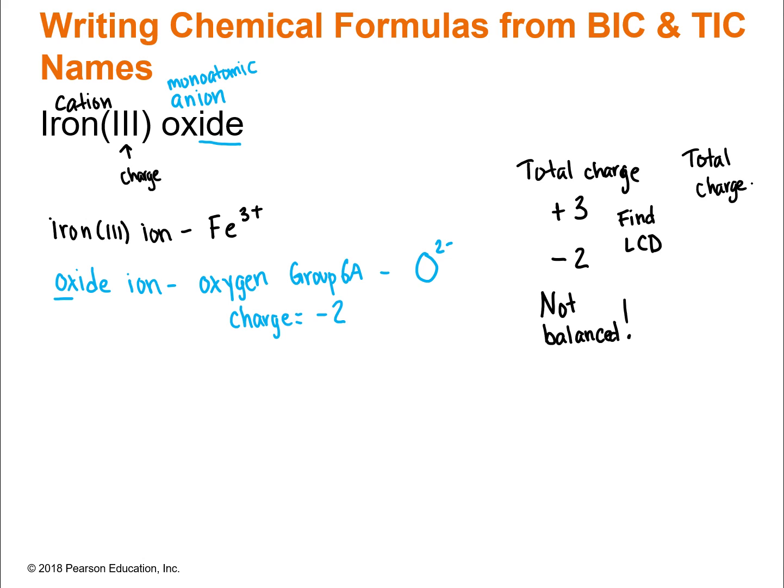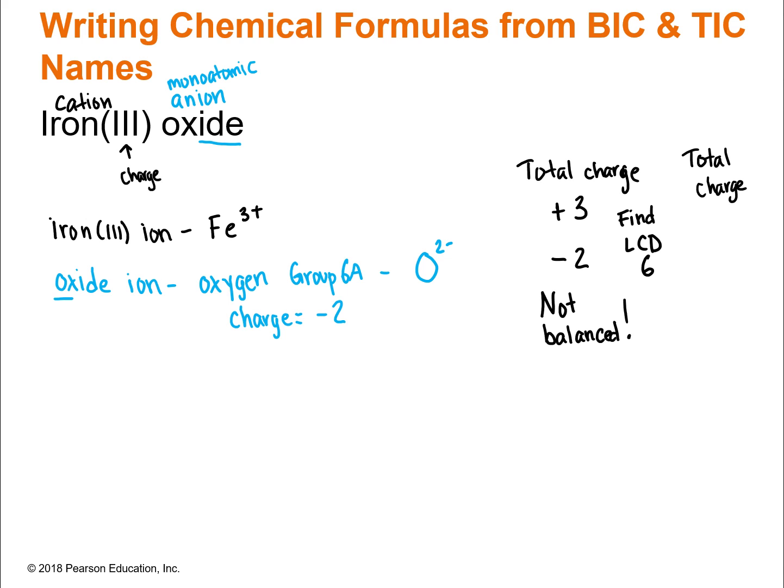What's the lowest common denominator for 3 and 2? And if you don't remember what that is, you can say, I don't know. Yeah, the lowest common denominator is going to be 6. So that's a number that both of these are divisible by. Or this number is divisible by both of these.